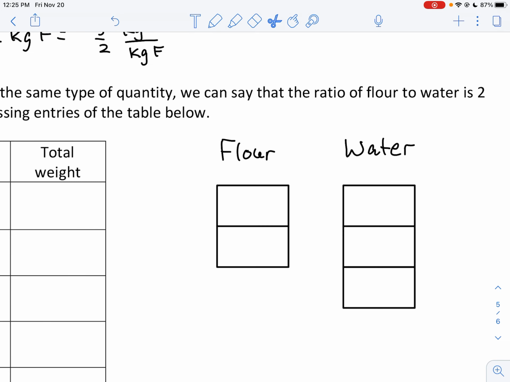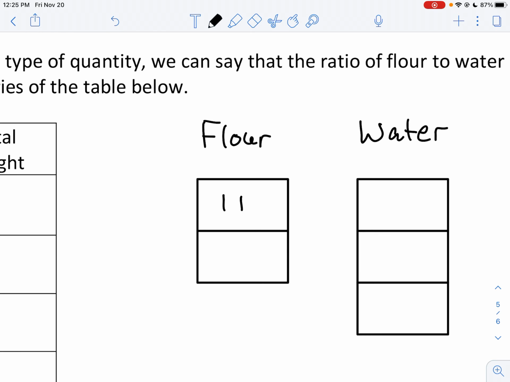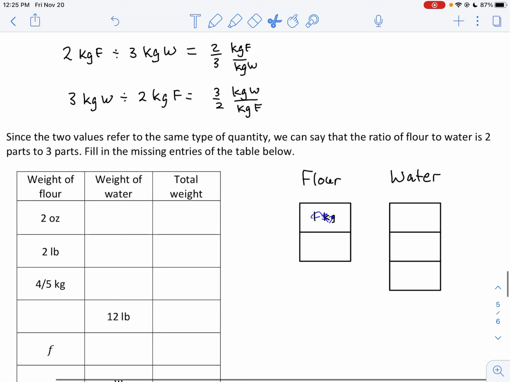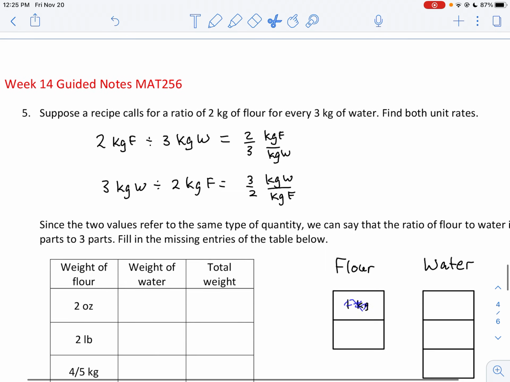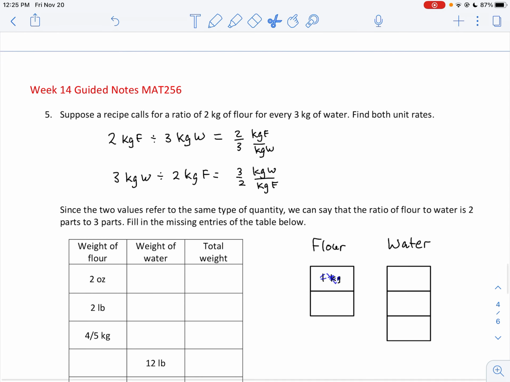So this represents a 2 parts to 3 parts ratio, and inside these boxes you can put any amount. You can put the same amount in each box. That would correspond to 3 kilograms of water. Did I get that ratio right? It's flour to water is 2 to 3. Oh no, I made a typo here.